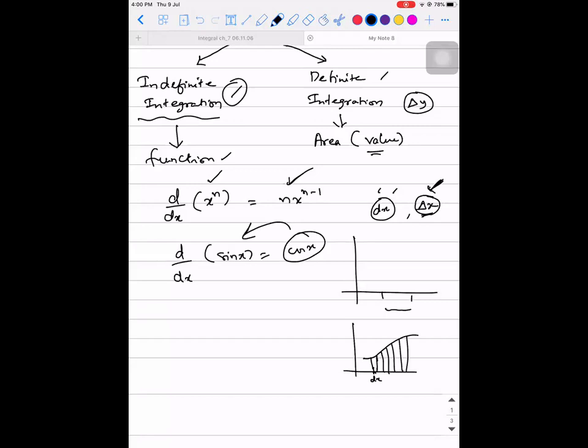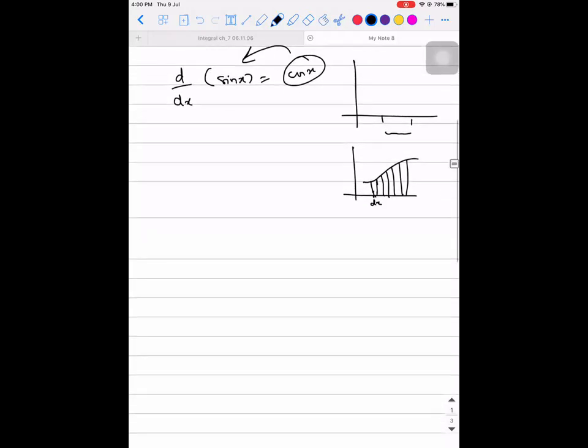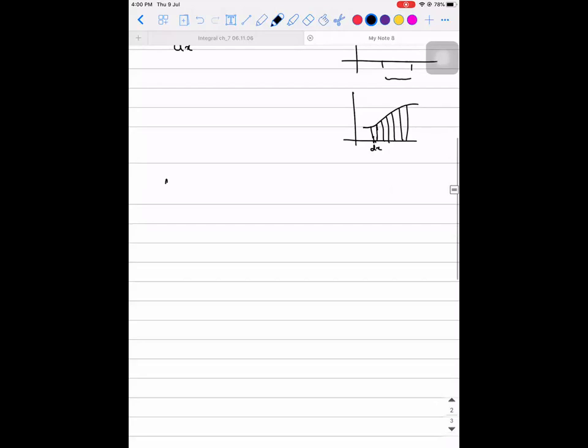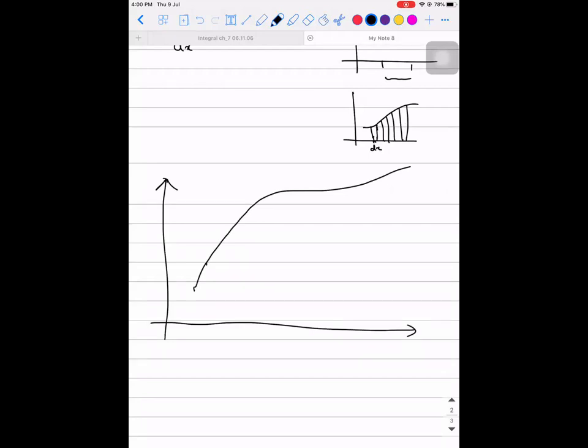Depending on what limits I'm trying to set, the difference between those x coordinates will be chosen like this. If you have to visualize what this integration is, if I take a curve like this and drop a perpendicular, this one and the next point are chosen so close to each other that what shape should this take? Rectangle. Yes, it should take the shape of a rectangle.